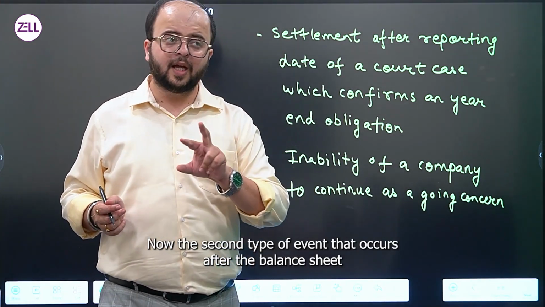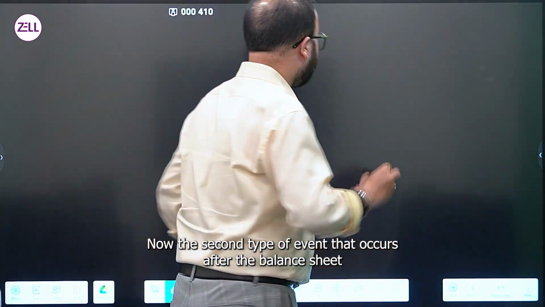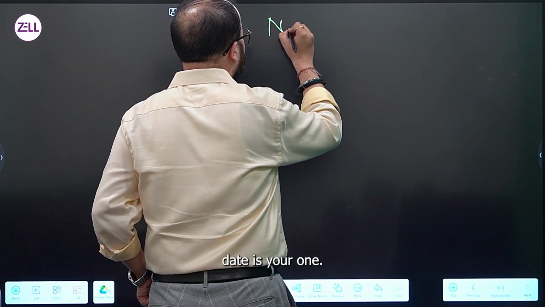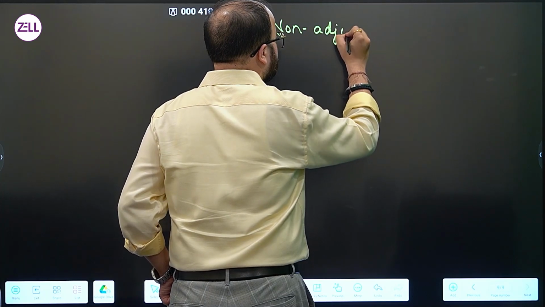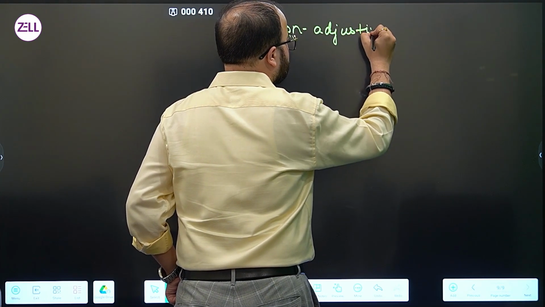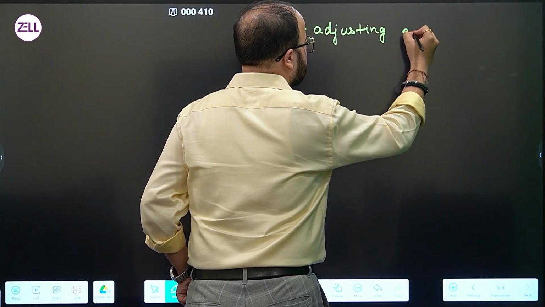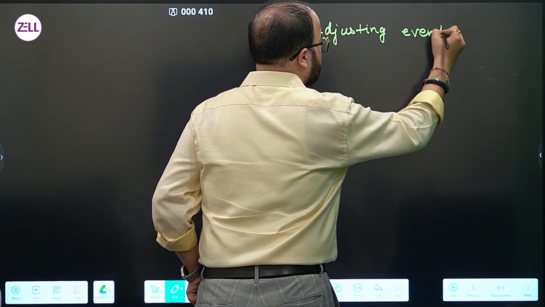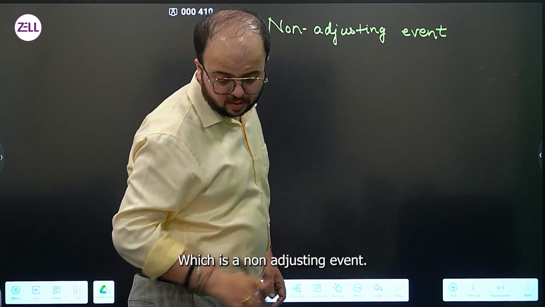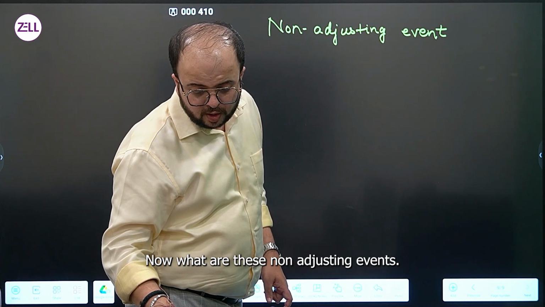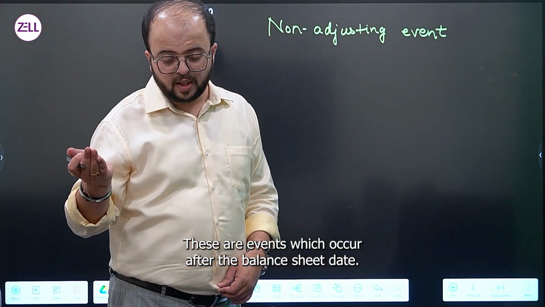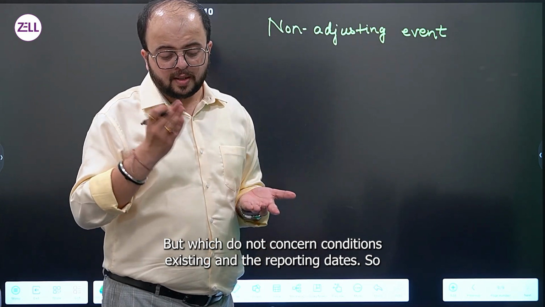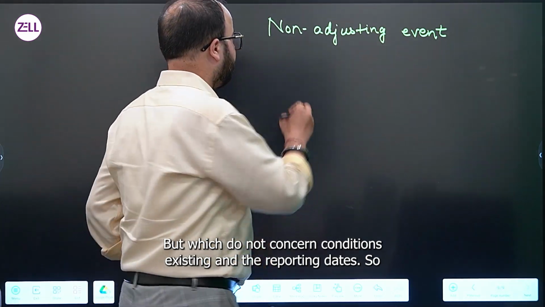Now, the second type of event that occurs after the balance sheet date is a non-adjusting event. Now, what are these non-adjusting events? These are events which occur after the balance sheet date, but which do not concern conditions existing at the reporting date.